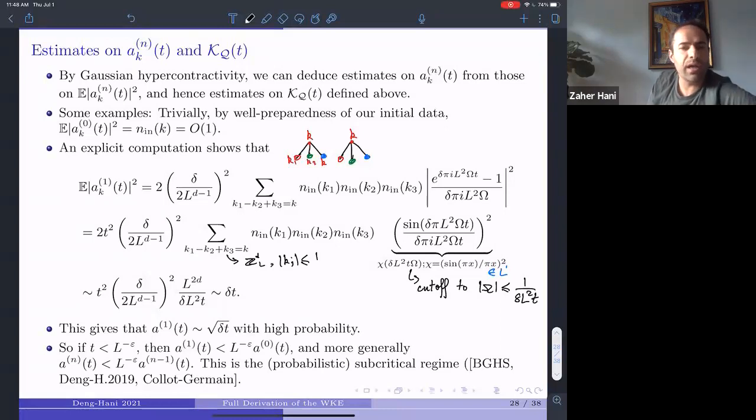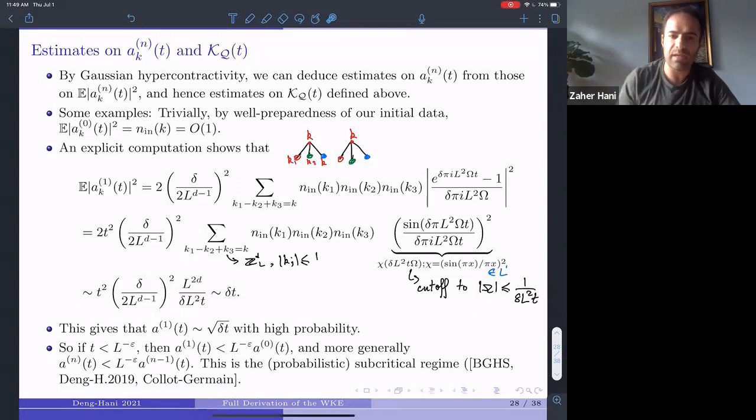Once you account for k1 and k2, k3 is fixed by this relation over here. All right, so what is the number of possible choices for k1, k2? It is L to the 2d, because this is in Z_L^d, so this is a mesh of size L inverse, and there are L to the 2d such k1 and k2. But I have the extra restriction that omega is restricted to a region or a strip which has width 1 over delta L squared t, and this is what accounts for this factor.